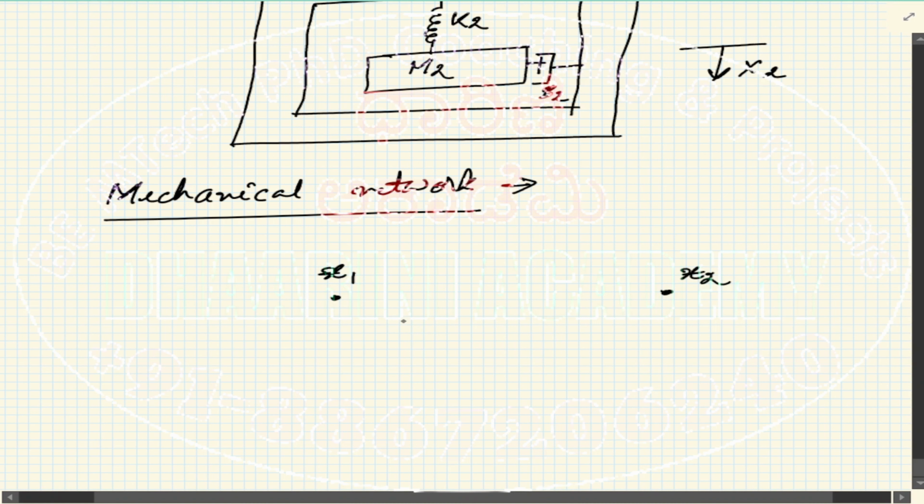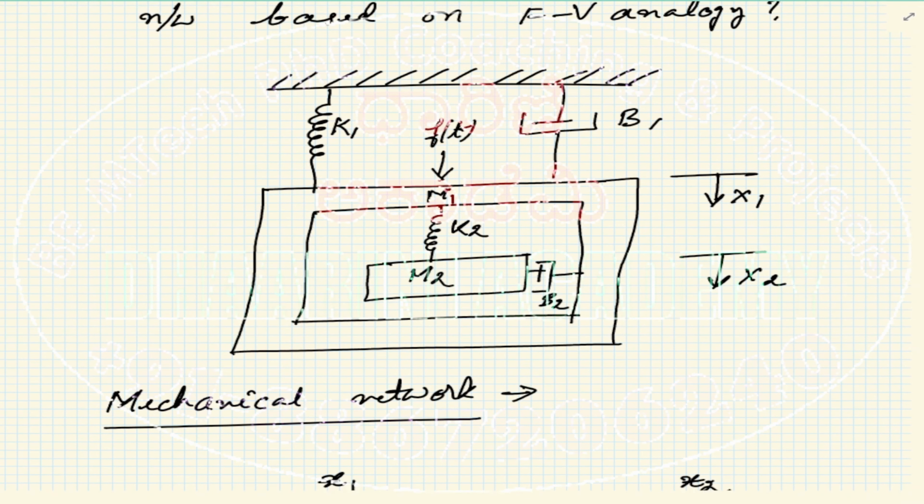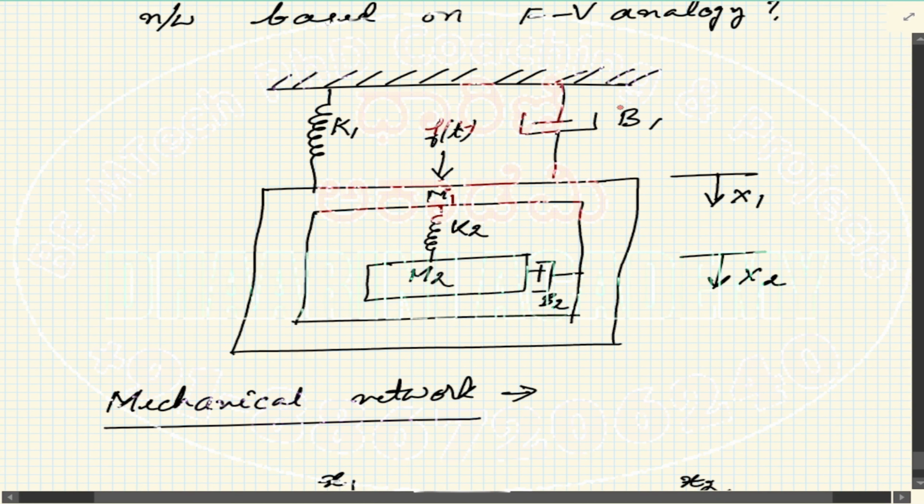So I can see that x1 is directly connected to b1, the force, k1, and m1, and between x1 and x2 I have k2 and b2.